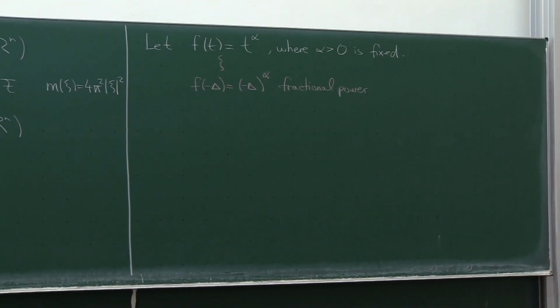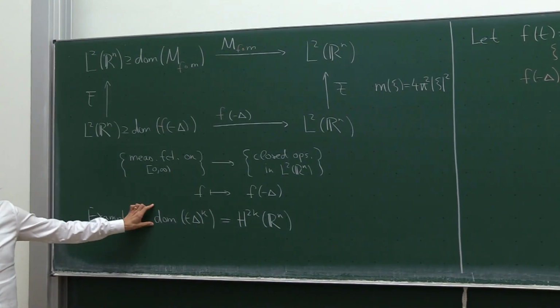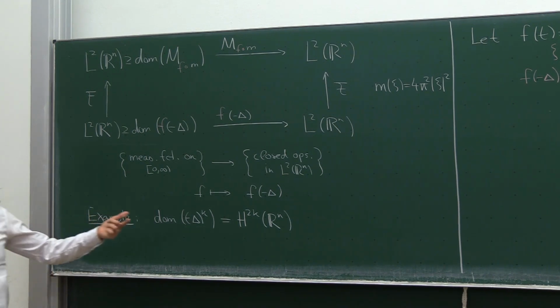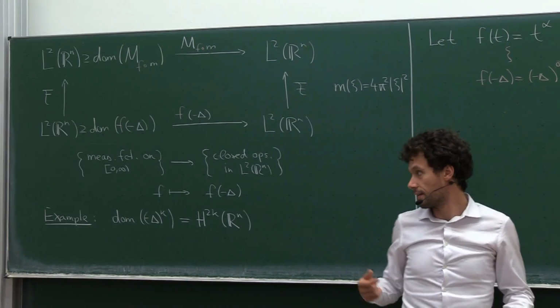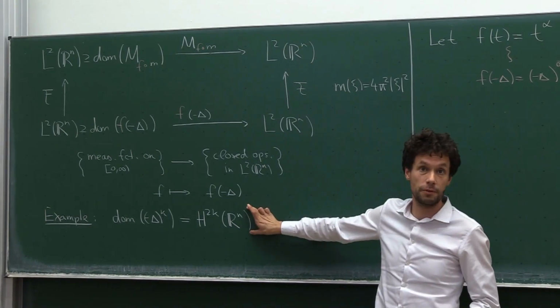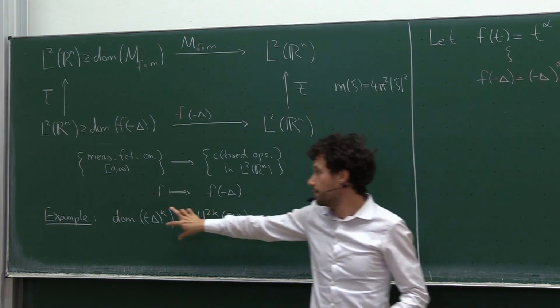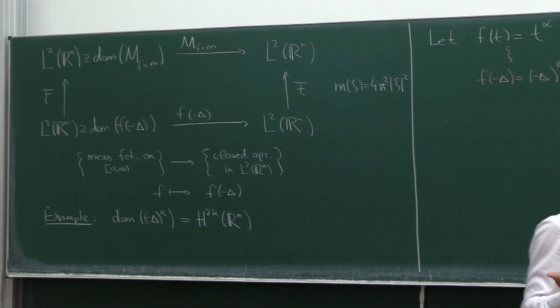A starting point is that I look at this result. Now, the order of things as they appeared in the lecture was that, of course, the Sobolev space was first, and then came the identification of the domain with the domain of minus delta to the 2k.